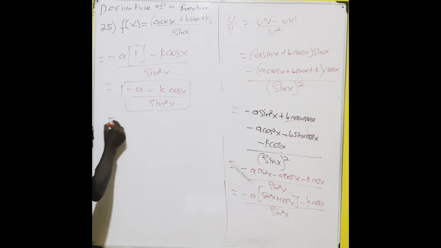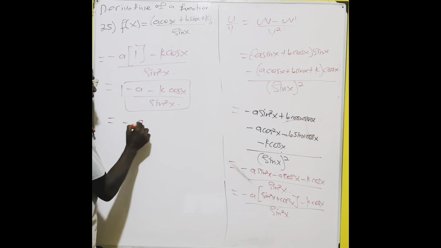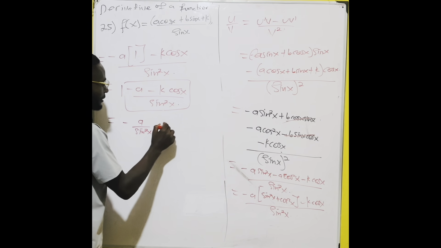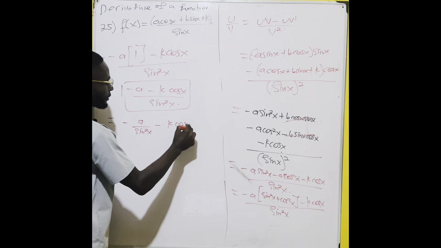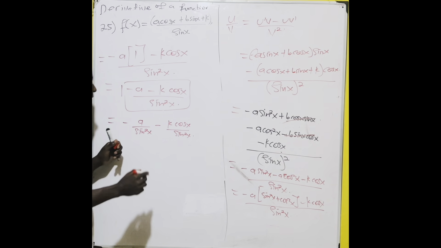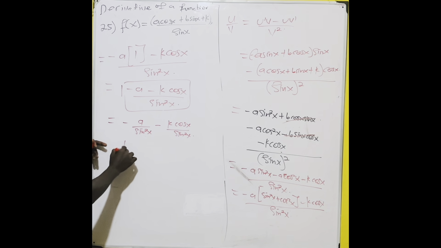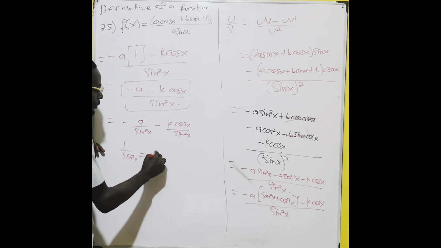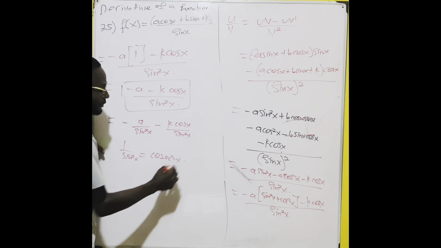So remember that this is the same as minus a over sine squared x minus k cos x over sine squared x, right? And we know that 1 over sine squared x is equal to cosec squared x, right?